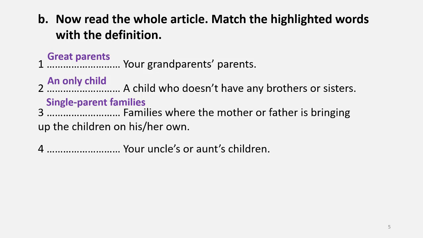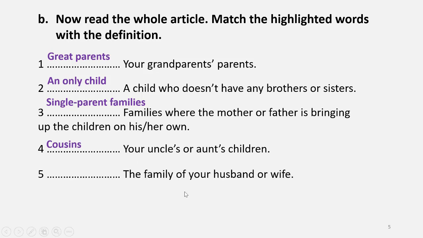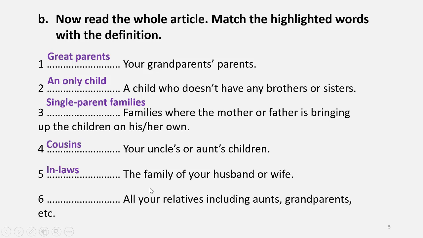We call them cousins. Okay. And next, the family of your husband or wife. Yeah, do you remember? Yeah, we had the phrase in-laws, right? In-laws. Good. And next definition, your relatives including aunts, grandparents, etc. Yeah, do you remember?